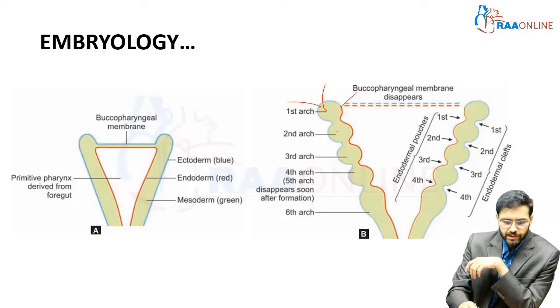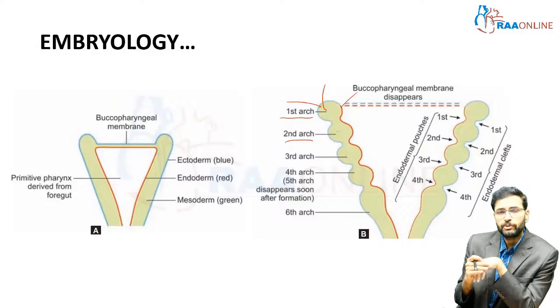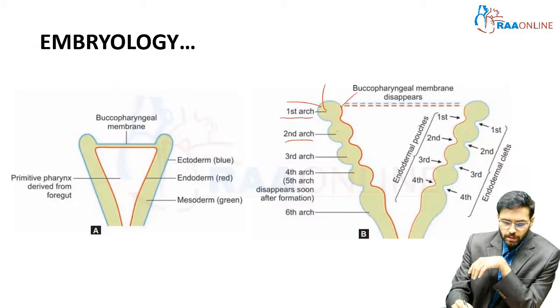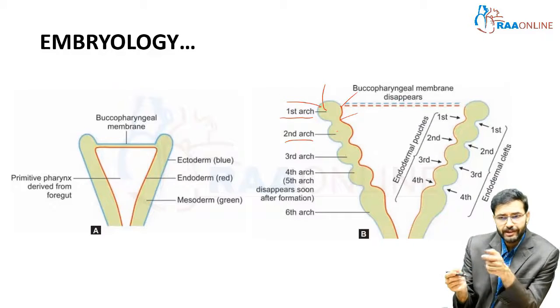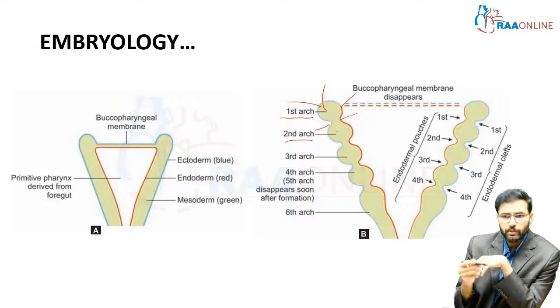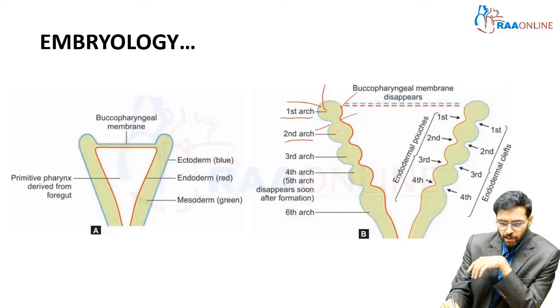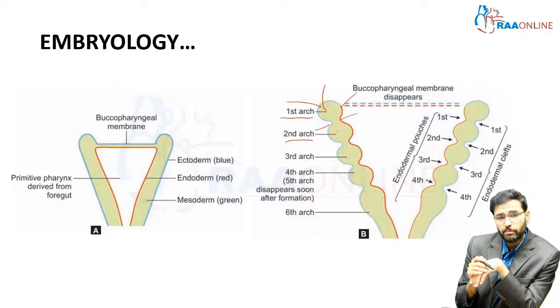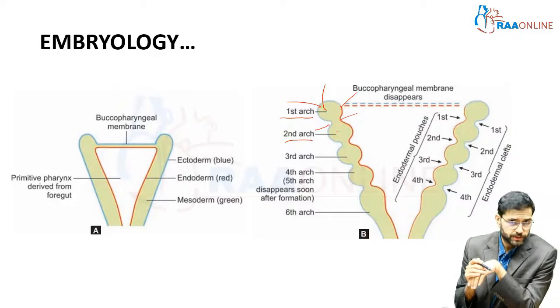The first and the second arch are the first to develop, and they contribute in no mean terms to the closure of the anterior neuropore. Stabilization and closure of the anterior neuropore is also contributed to by the first and second arch. Like I told you, this arch has an endodermal component, denoted by red here, an ectodermal component denoted by blue here, and the green is the mesodermal component. The endodermal component has outpocketings called endodermal pouches or pharyngeal pouches.